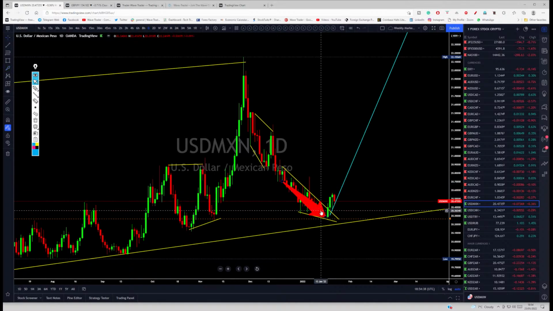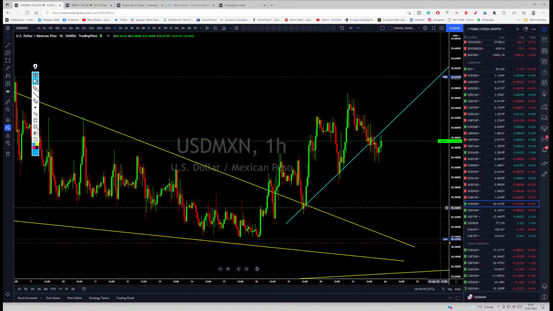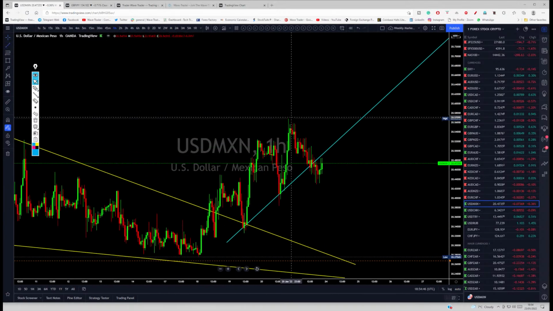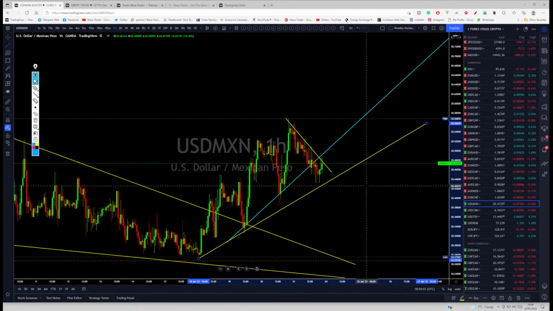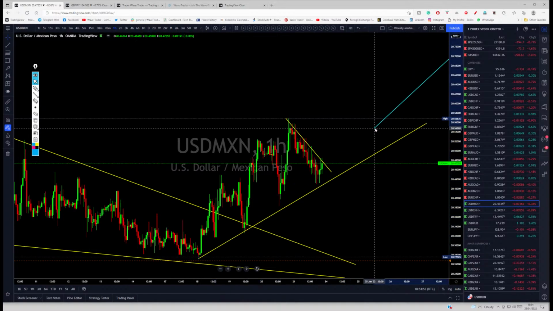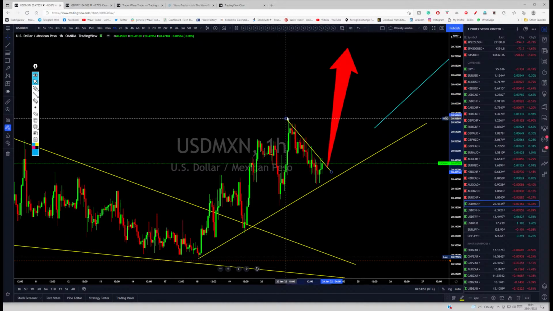So the wedge has broken out, but the break is not strong enough for more upside. So you are paying attention to all these corrections. Price can rise sharply at any time for more upside, specifically during the Fed rate decision, to break out and sharply continue to keep rising.